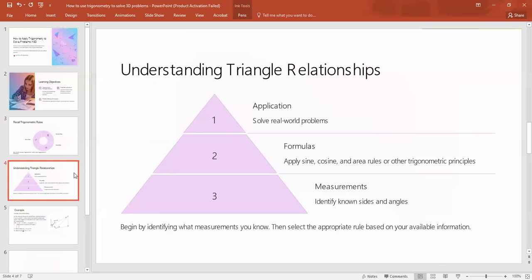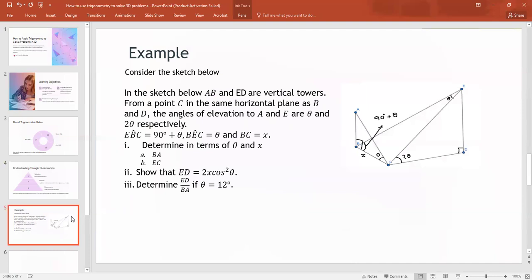So always identify your known sides and your known angles before going ahead to solve the problem. Let's check out this basic approach with regards to how to apply trigonometry principles to solve problems in three-dimensional space. We are going to use this example to show you what to do when you encounter such a problem.